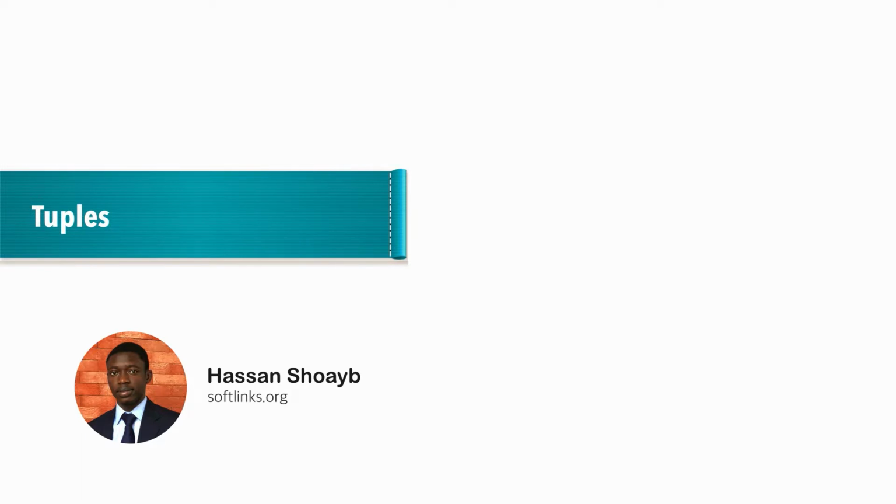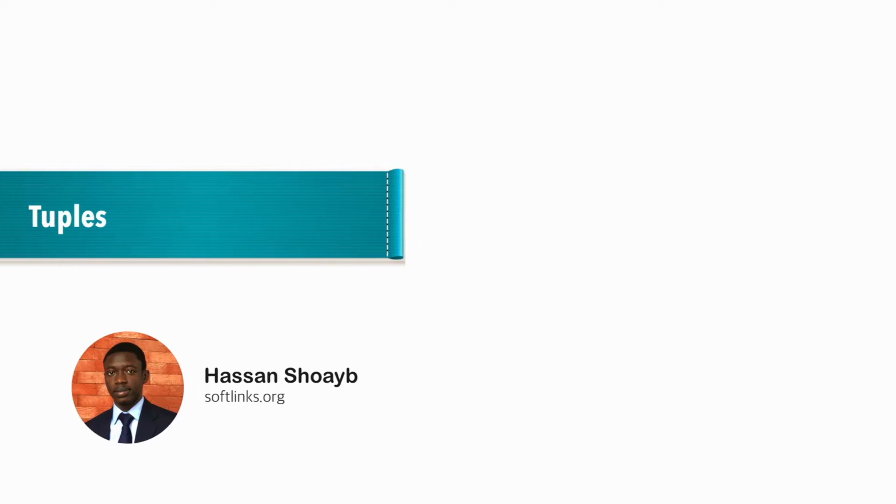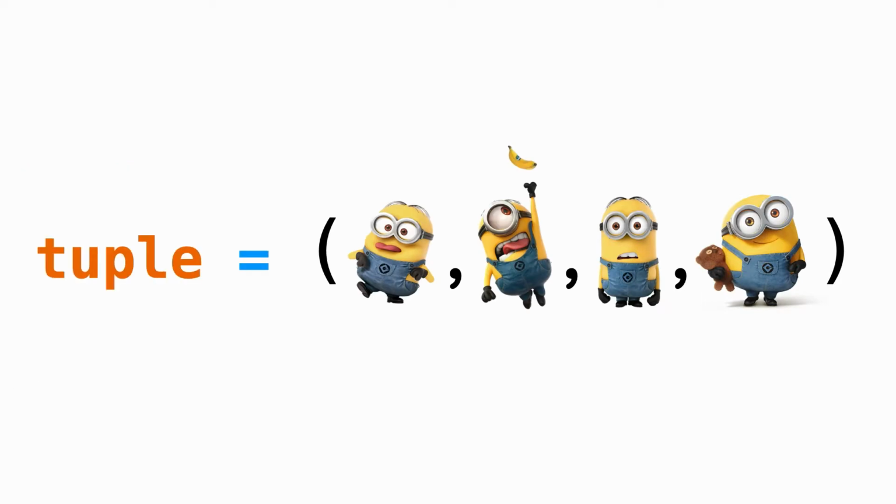So, what is now a tuple? Well, a tuple is just a collection of objects which is in order and immutable. In other words, the elements inside a tuple cannot be changed once they have been assigned, and they are also used to store multiple items in a single variable, just as we did earlier using the Python list.